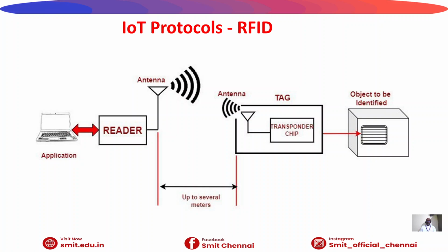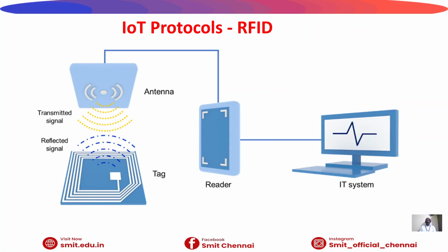These two communicate with each other even if you are several meters apart. Finally, the reader and the IT application software communicate digitally with each other and get the billing done. So this is another form of the figure. I'm giving more and more figures because you need to understand it very thoroughly.